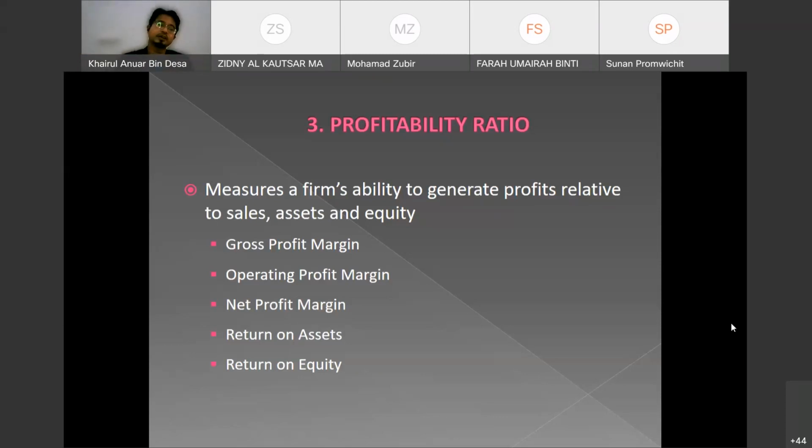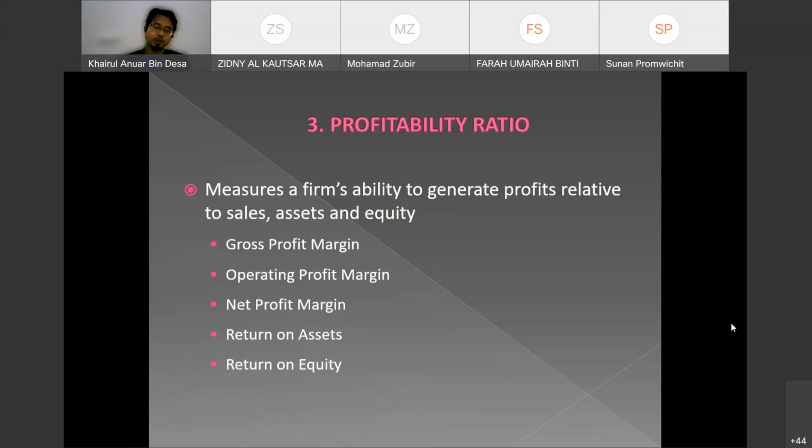Ingat, our business to make profit and to make our shareholders happy. That is the objective why we run the company.